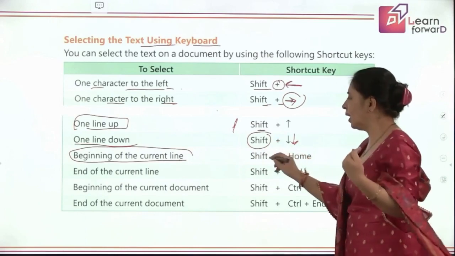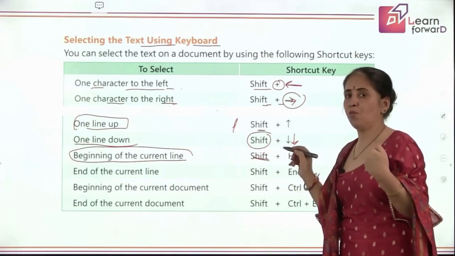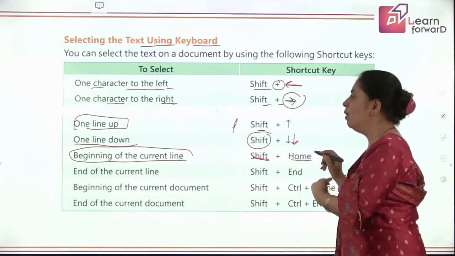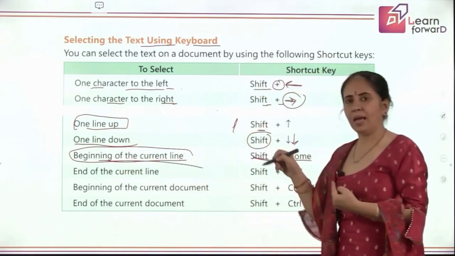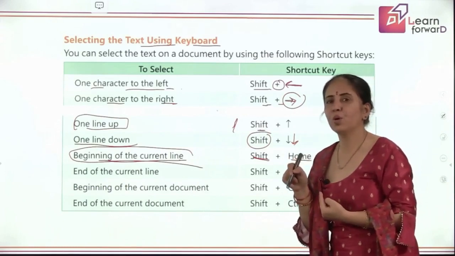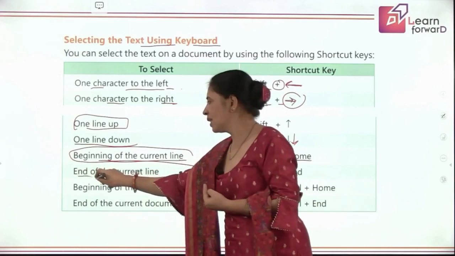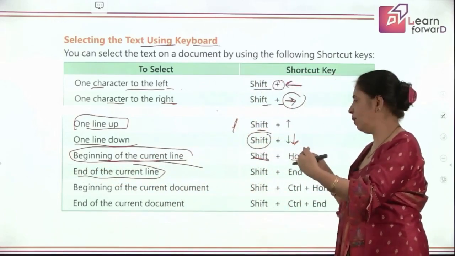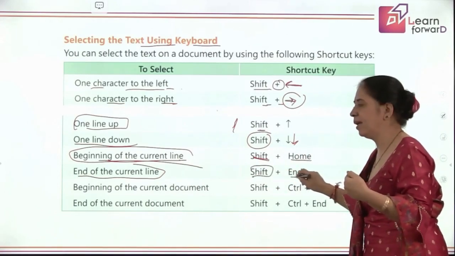For that, click on the shift button and click on the home button of your keyboard. Remember, shift with home will help you to reach the beginning of that line where the cursor actually exists at that particular moment. In the same way, if you have to select till the end of the line from the cursor, then you will click on shift with the end key.